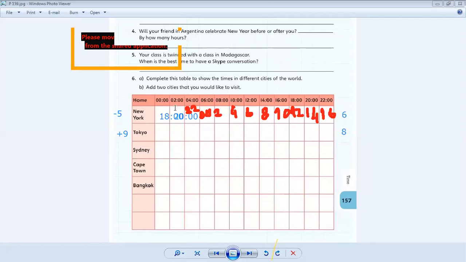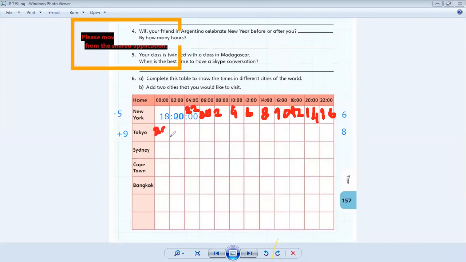Yes, 20. 8 p.m. 20 or 16? 8 hours between. 8 hours means 8 p.m. Make it 20. Yes, we can write here 20.